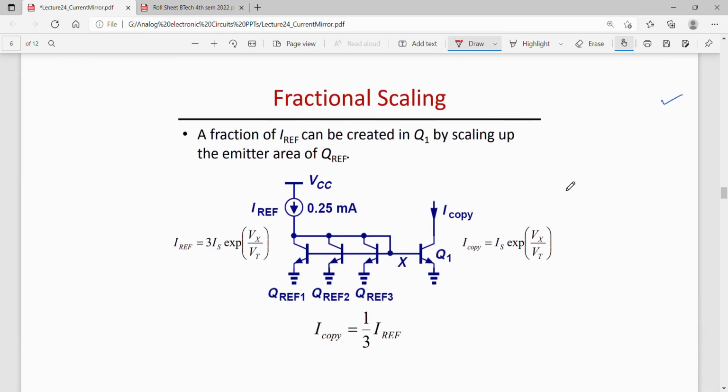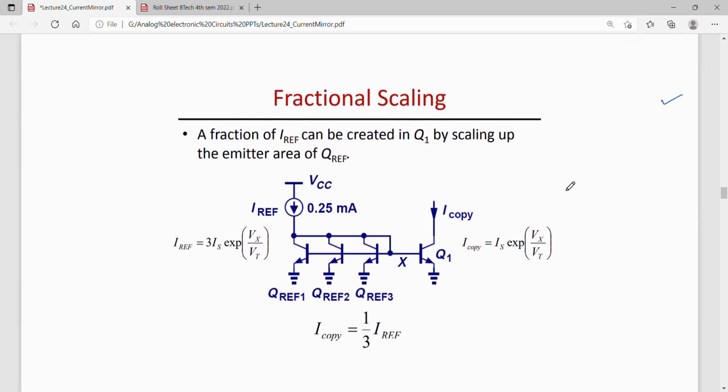Let us see another example where the current has been scaled down. Here we have three reference transistors connected in parallel together. So this represents a bigger transistor with area 3 AE, I mean 3 times the emitter area of one transistor.